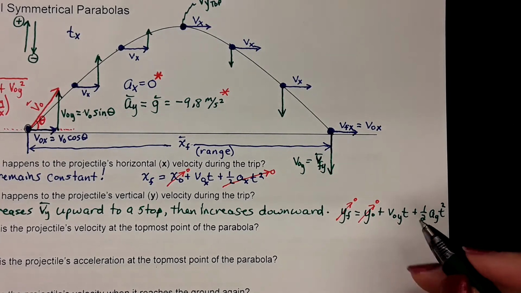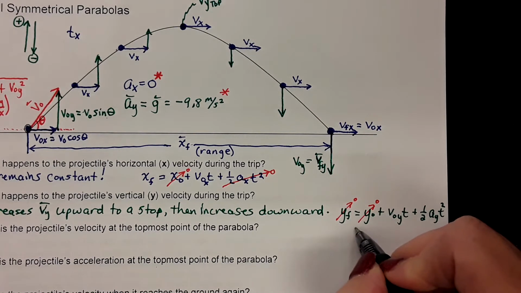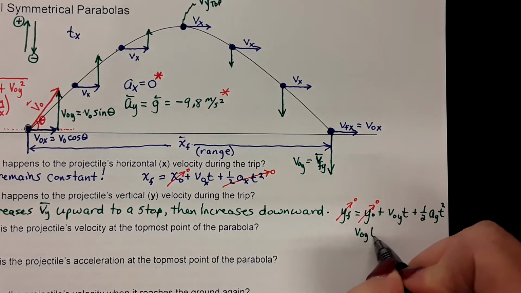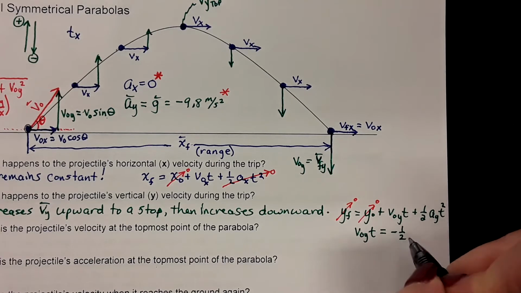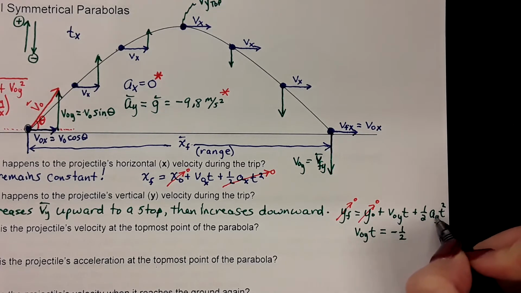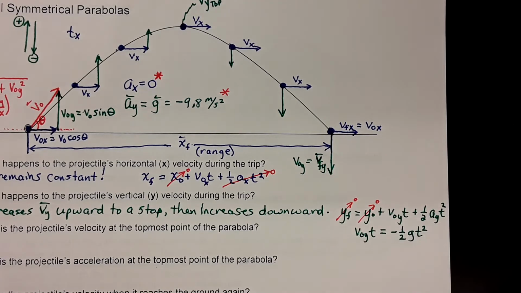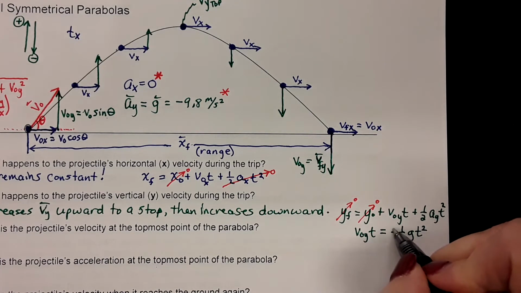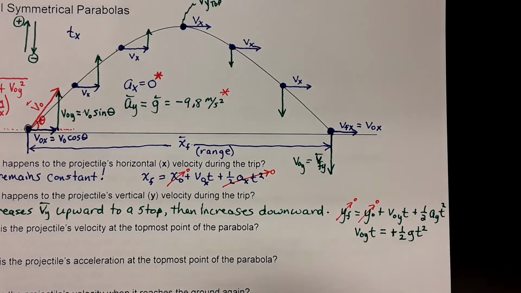Okay? Now that means what you can do is, if you bring one of these over, you can say v sub o y t, and one of them has to change sign. It doesn't really matter which one, but I like to put it on this one because we know the g is negative. So you get 1/2 g t squared, and I'm going to make that positive now, because if this is a negative and this is negative, a negative times a negative is a positive.